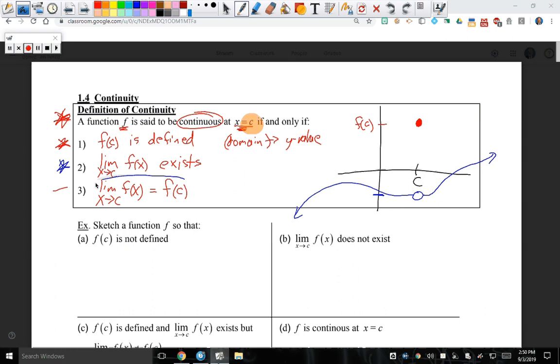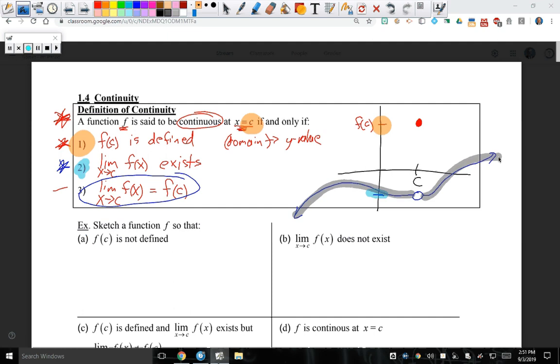Now the question that you have to ask yourself is, are these two values the same? This value here in 1 is this y value right here. This value here in 2 is this y value right here. Guys, do those look visually the same? No. So that's why it's not continuous. Imagine that this is a roller coaster, let's say at Six Flags.